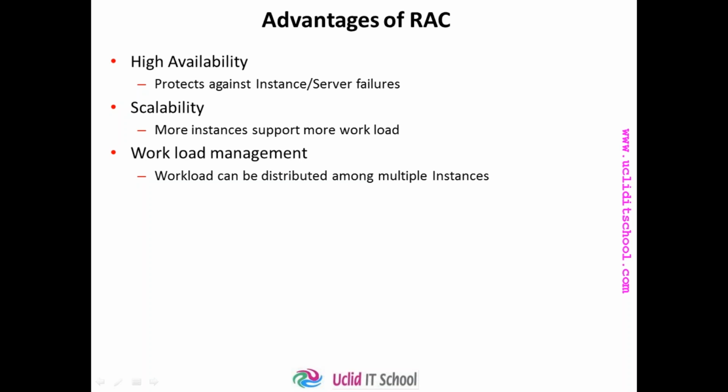So that way, you can still have backup instances which can handle the work when the main instance fails. In RAC terminology, we call them the preferred instance and the available instance.